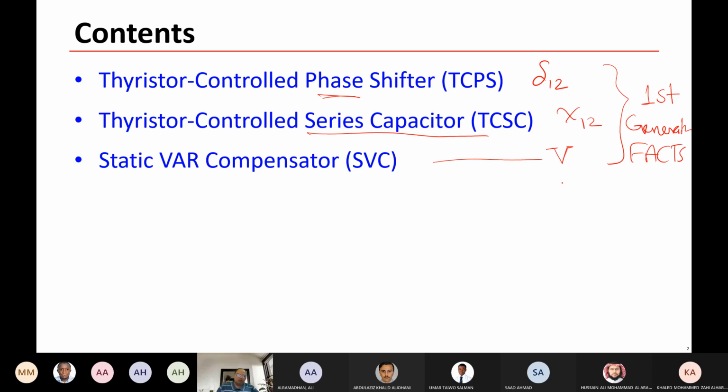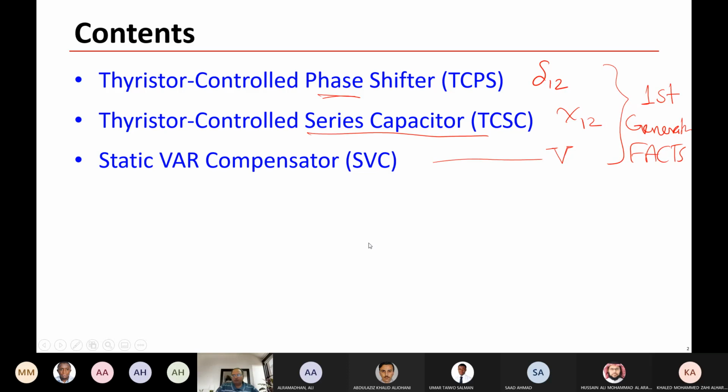And we have a second generation, with some devices that can access reactance, voltage, and angle. But let us see the basic concept here, and if we have time, we can discuss the second generation.